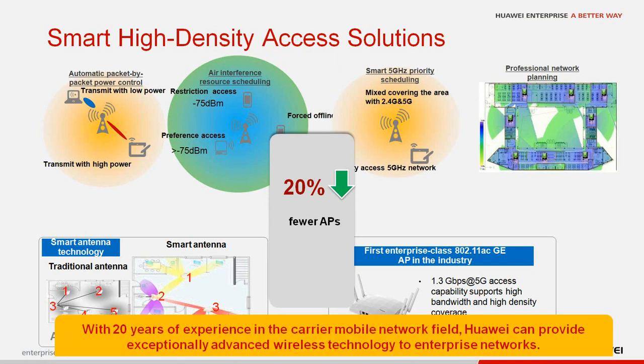The thing to note from a Huawei solution point of view is that Huawei has been leading the mobile market for a long time in carriers. For example, Huawei is #1 in the mobile packet core and LTE, and we are leveraging the same technology in Huawei WLAN solutions.